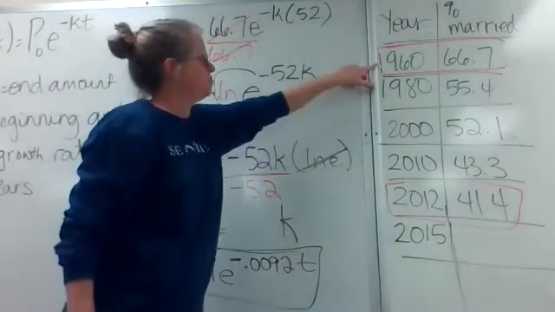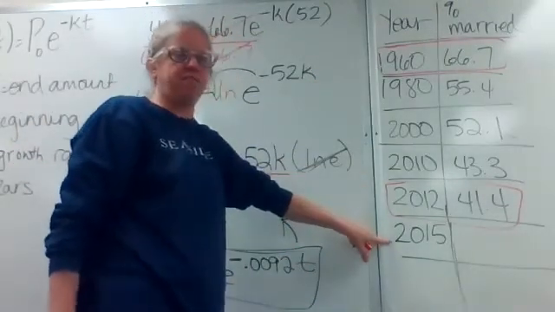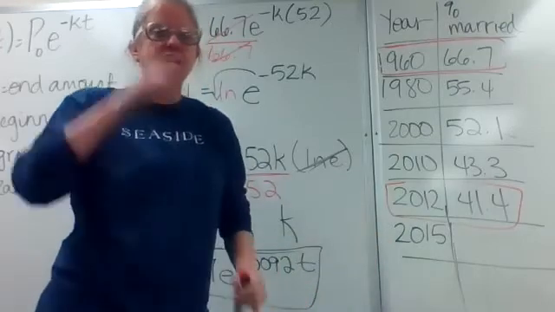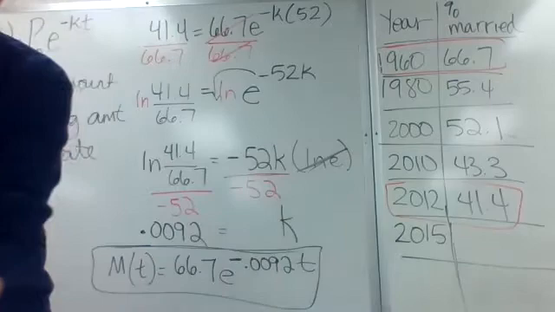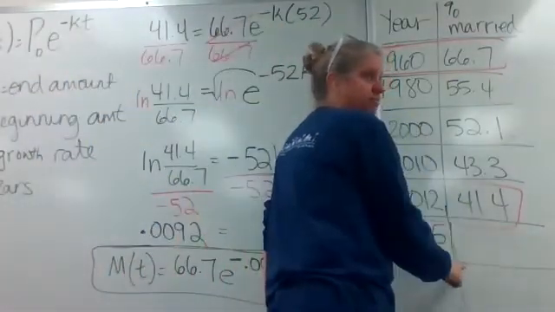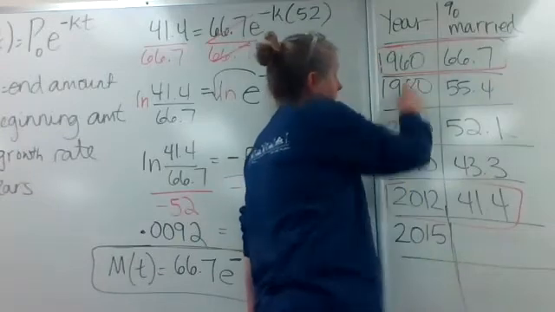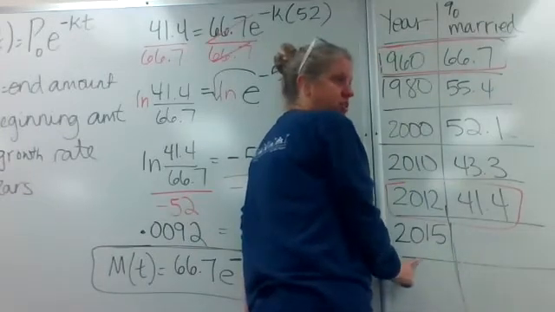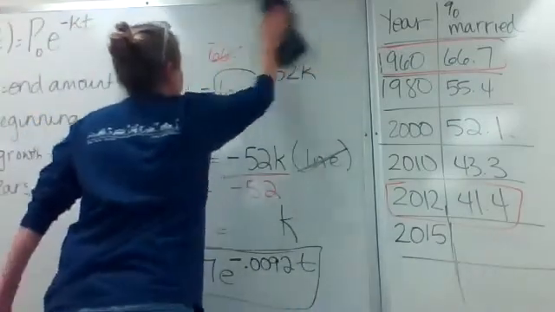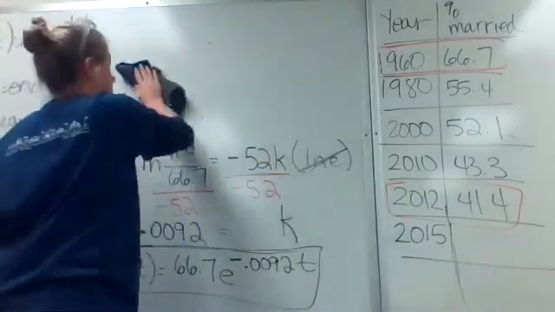How many years is it from 1960 to 2015? 55. So that's going to be the T that you're going to use to predict the percent that are going to be married 55 years after 1960.